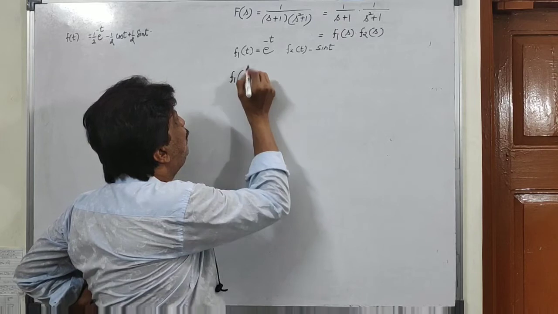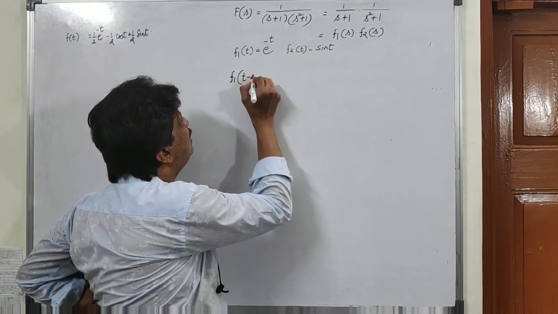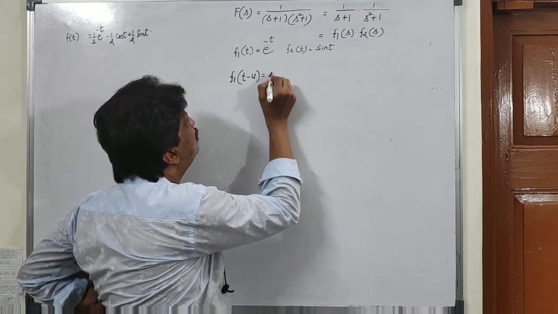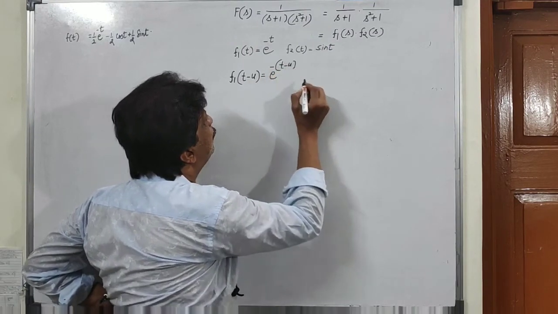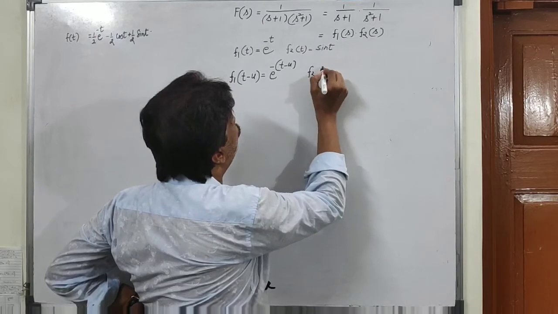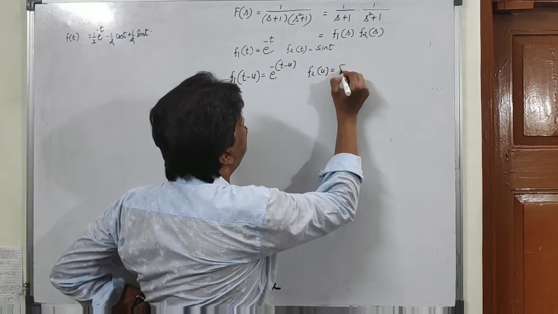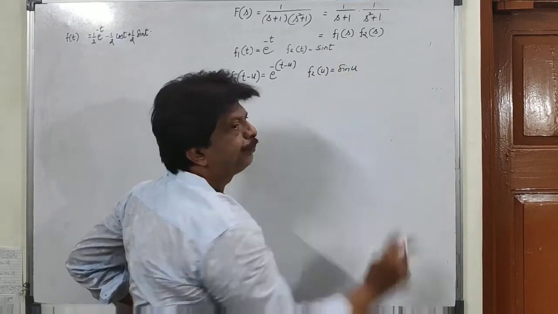So I shall replace this F1 of t as F1 of t minus u, so e raised to power minus (t minus u). And this F2 of u is sine of u.